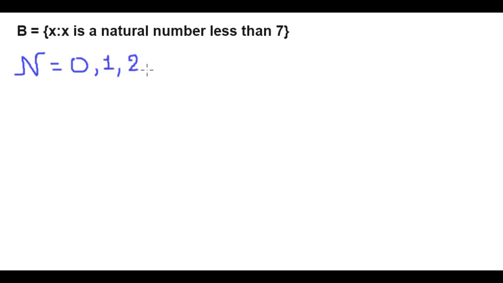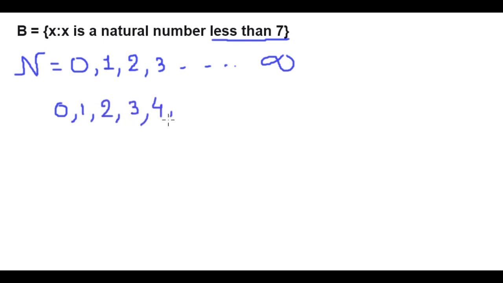It's 0, 1, 2, 3 up to infinity is the natural number. Here our question is less than 7. So less than 7 is 0, 1, 2, 3, 4, 5 and 6. These are less than 7.